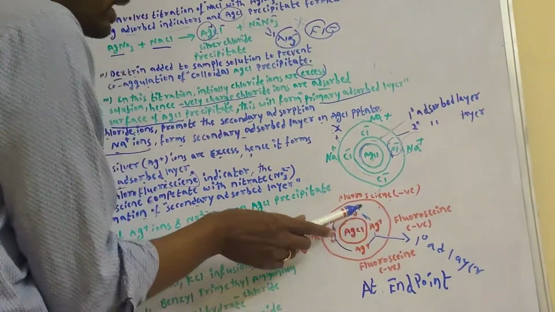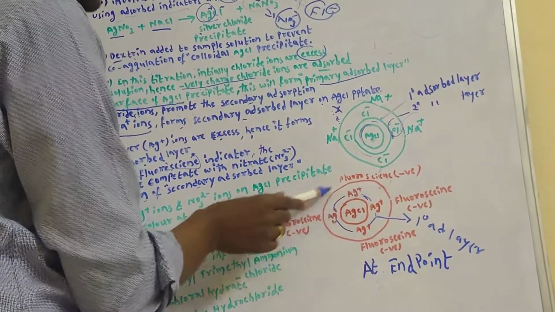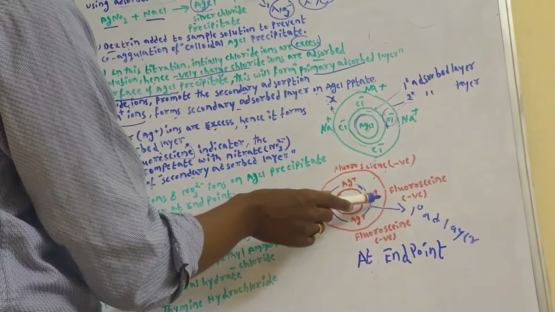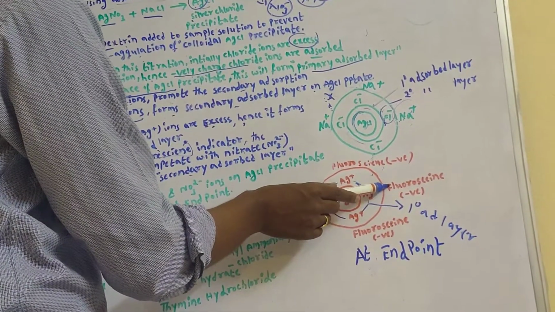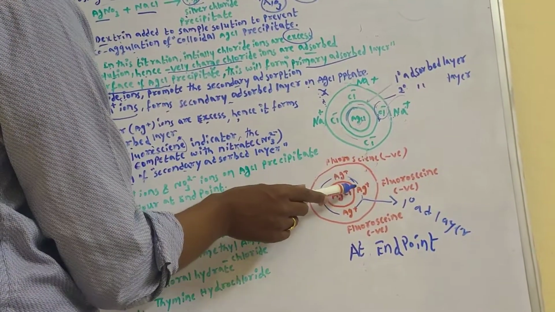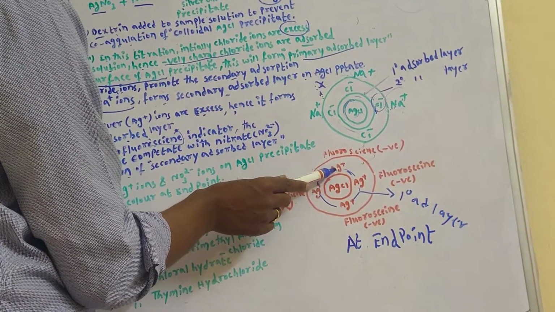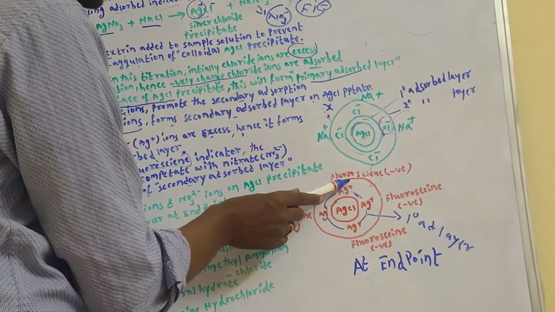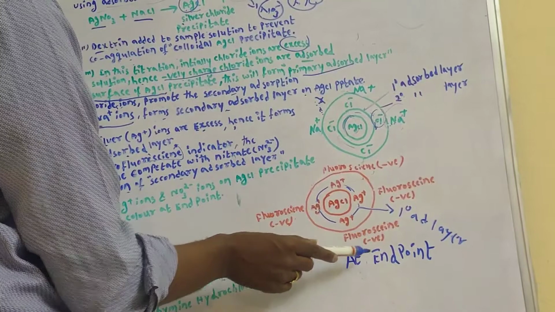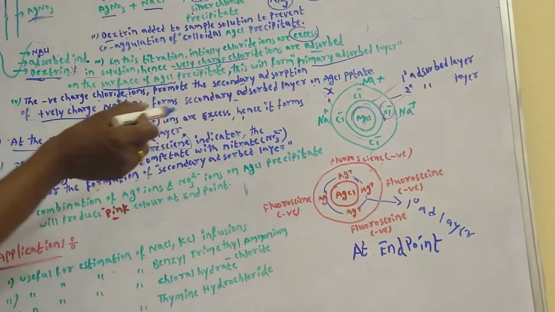Finally, fluorescein forms the secondary adsorption layer, which means the indicator is adsorbing. So the combination of Ag+ and negatively charged fluorescein gives a color change. It gives pink color, that you keep in mind.